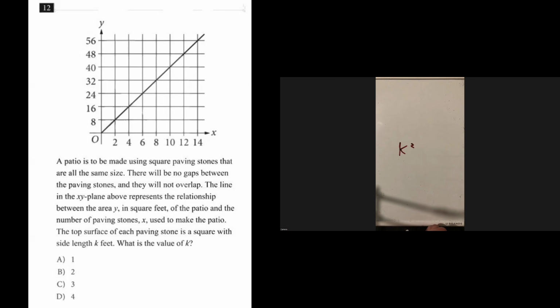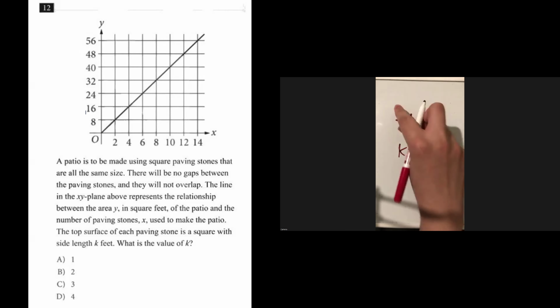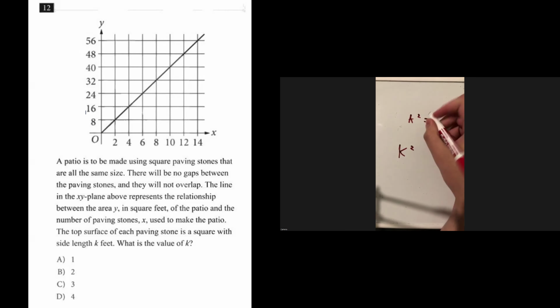What is the value of K? Well, when there's 2 tiles, there's 8 square feet. So 2K squared equals 8. Let's divide by 2. You get K squared equals 4. So the square root of 4 is equal to 2. So K is equal to 2. So the correct answer is answer choice B.